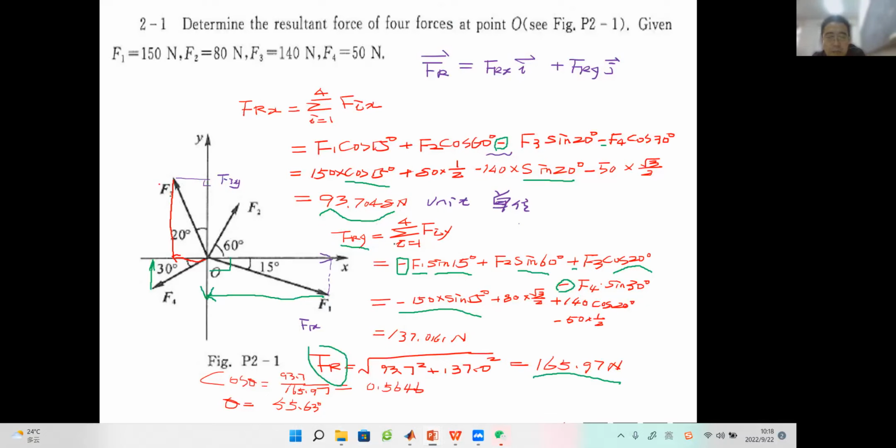So we try to use this expression to find FRY, right? So do the force projection method again. Just this time, we project each force onto the y-axis, right? So we use the same sequence. So we have F1 here. So we do this projection onto the down part, right?